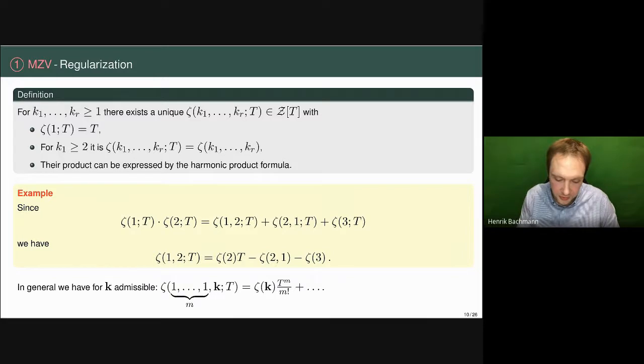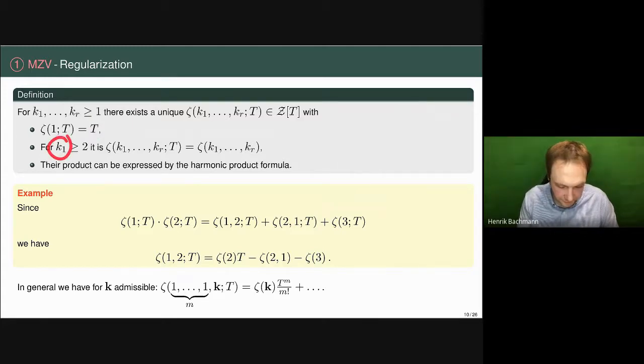But you can extend this definition by also allowing that k_1 is equal to 1. And then what you can define is a polynomial where the coefficients are multiple zeta values. And this can be done uniquely by saying that somehow zeta(1) is just the variable t.